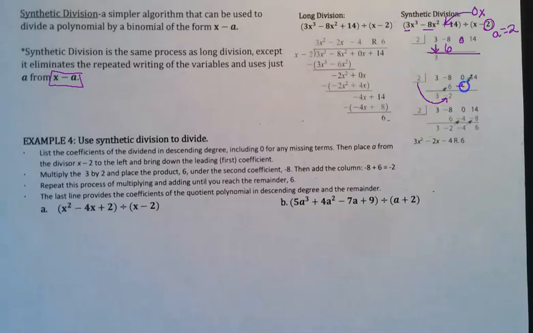Well, it's -4, so it goes here. Then 0 plus -4 is -4. Then what's 2 times -4? That's -8, so that number goes here. And then 14 plus -8 is a positive 6.